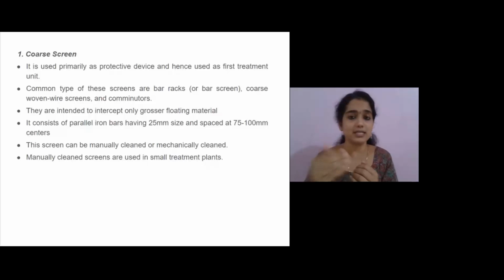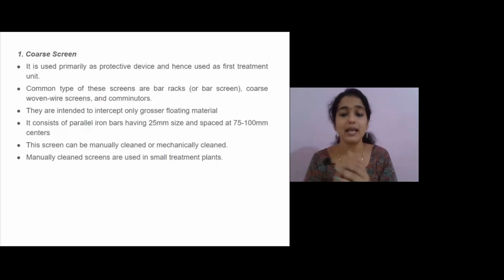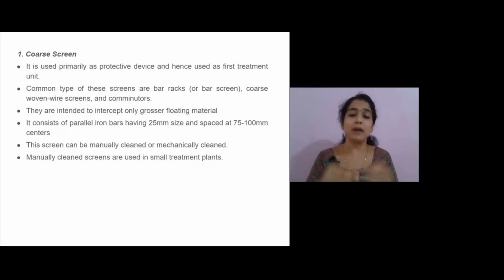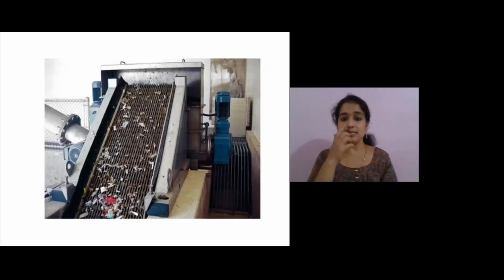Center to center distance will be 75 to 100 mm, and this whole assembly is placed in such a way that it is slightly inclined to the water path. This screen can be manually cleaned or mechanically cleaned. Manually cleaned screens are used in small treatment plants. This is a coarse screen.